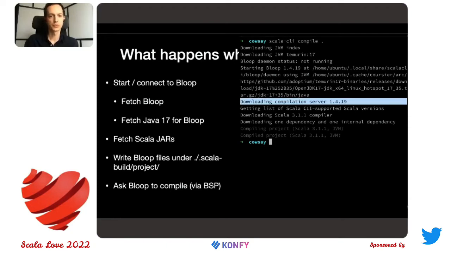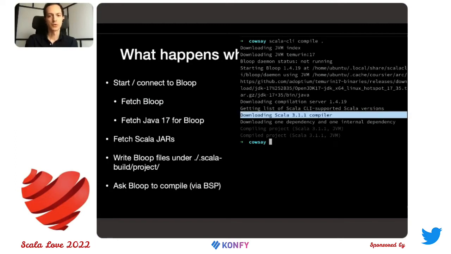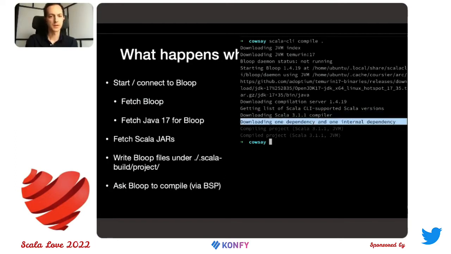Once Bloop has started, we need to pick a Scala version. So we download a few Scala version listings here. Once we picked a Scala version, here Scala 3.1, we need to download Scala 3.1 itself. And lastly, we download a few dependencies. The one dependency here is the Scala library, I think, and the other is an internal dependency of Scala CLI. I don't remember exactly, but it doesn't matter that much.